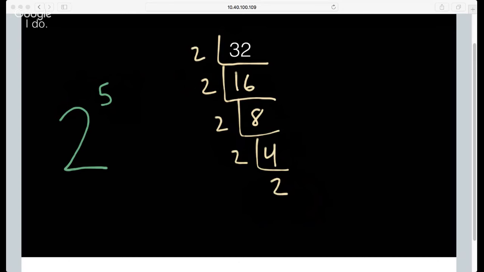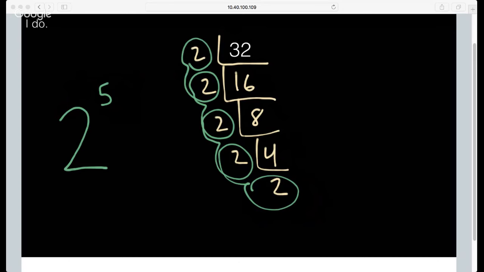Yeah, 2 to the 5th power. Sweet. And how did you get that? You got that because you counted these, right? So we have 1, 2, 3, 4, 5. And so 2 times itself 5 times is 2 to the 5th power. Good.